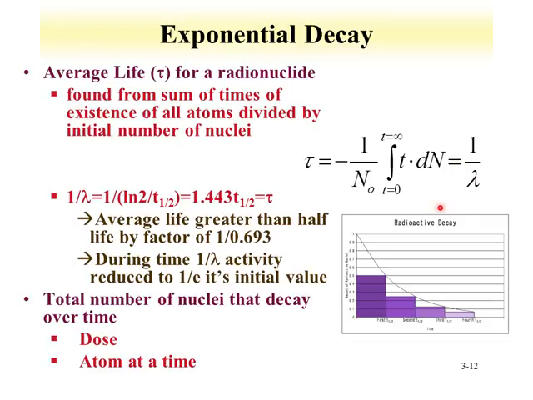Through this integral, it comes out to just 1 over the decay constant, so 1 over log 2 divided by the half-life. I can rearrange this equation to use the half-life directly, where the average lifetime is equal to about 1.4 times the half-life. So the average atom will live about 1.5 times the half-life.